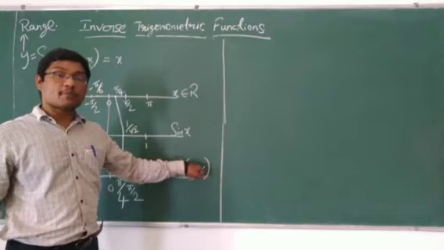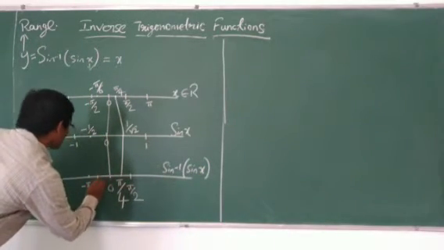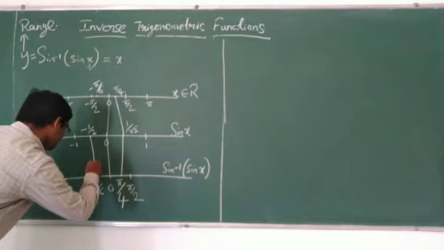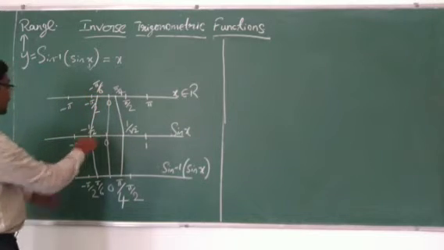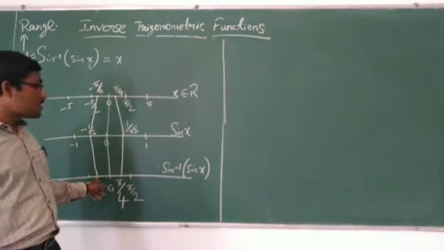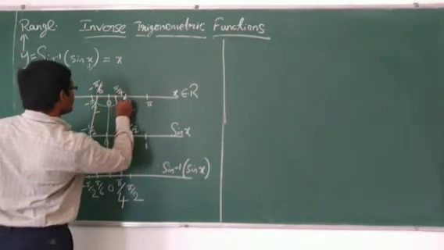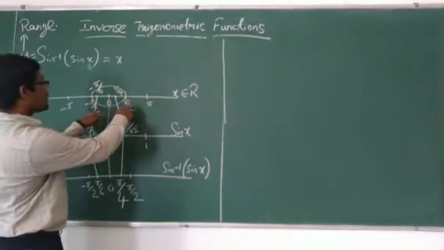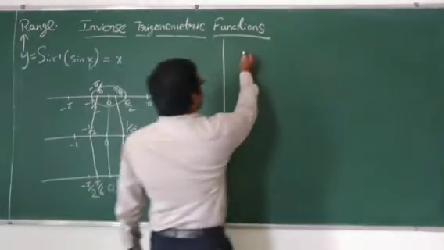Sin inverse of minus 1 by 2 is minus pi by 6. So minus pi by 6 will give me minus 1 by 2 and minus 1 by 2 will give me minus pi by 6. Now if you are taking the values in the interval from minus pi by 2 to pi by 2, I am getting the same values.